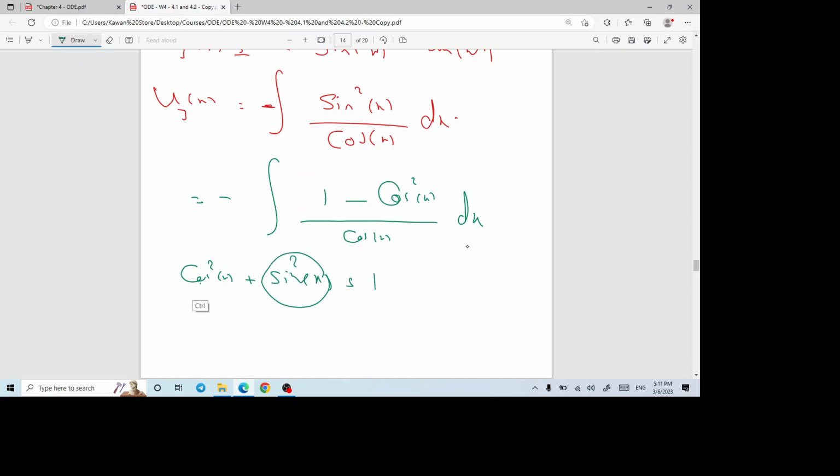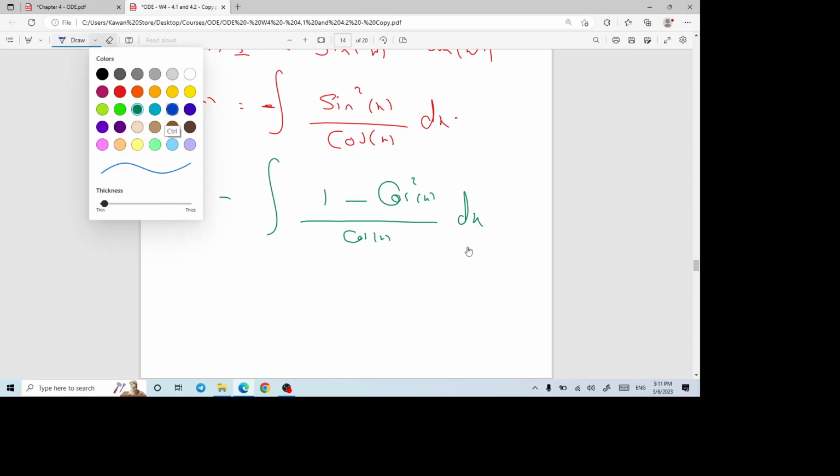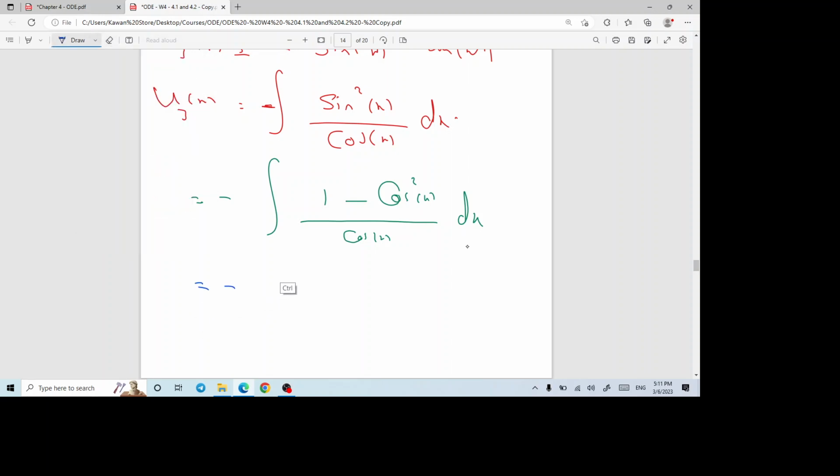So sine square is equal to 1 minus cosine square. Now clear. Right? Good. What else? This cosine is the common denominator. Am I right? So let me multiply by a minus. I'll get what?